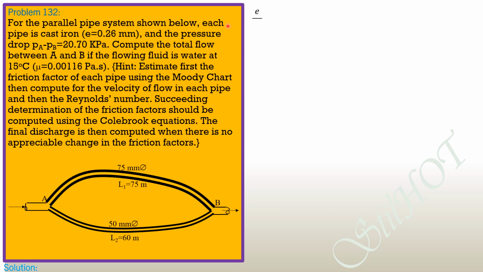For pipe 1, 0.26 over 75, and that is 0.0035.